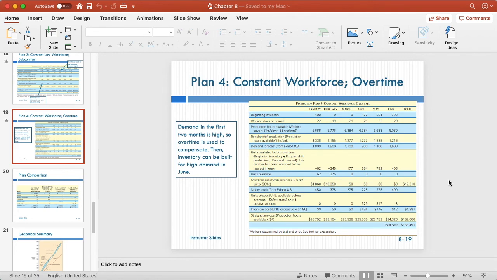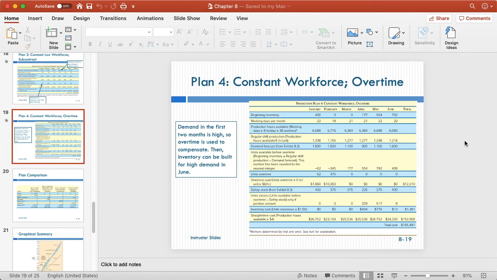Plan 4 is corresponding to basically the second one, the stable workforce with variable work hours, showing on page 247 in chapter 8 in the textbook. Okay. So basically in this plan, you have the constant workforce.